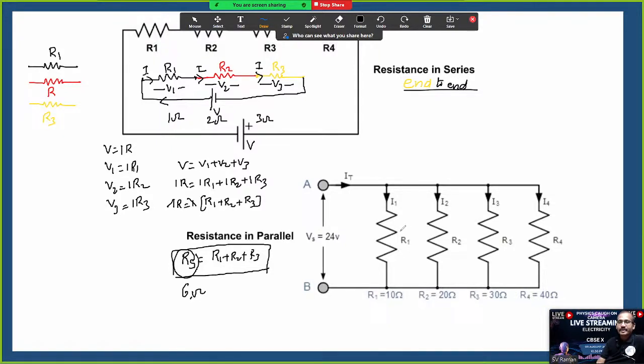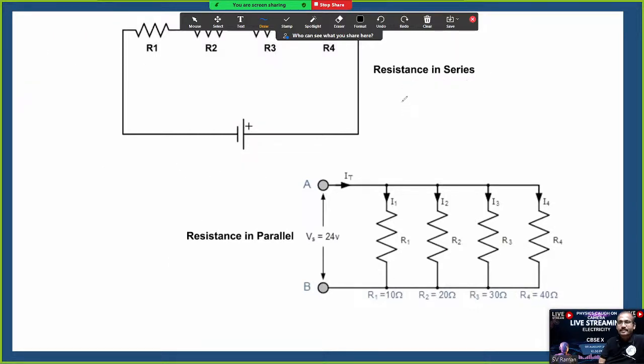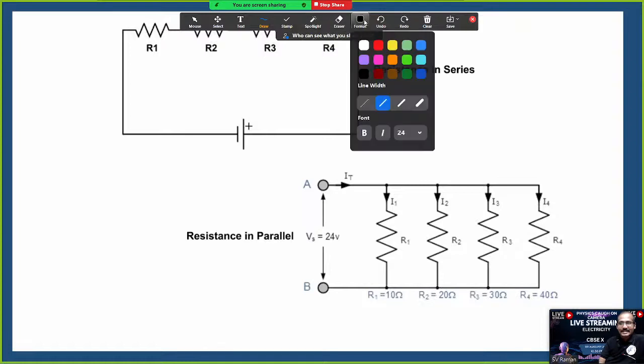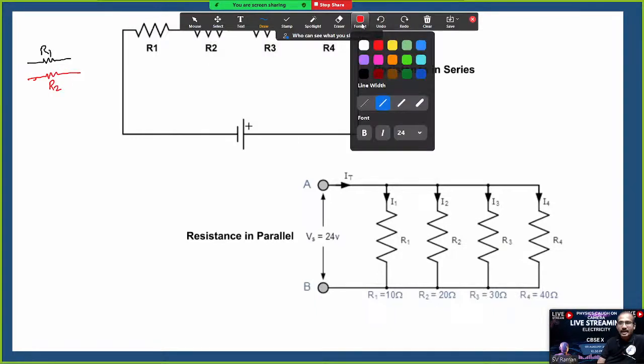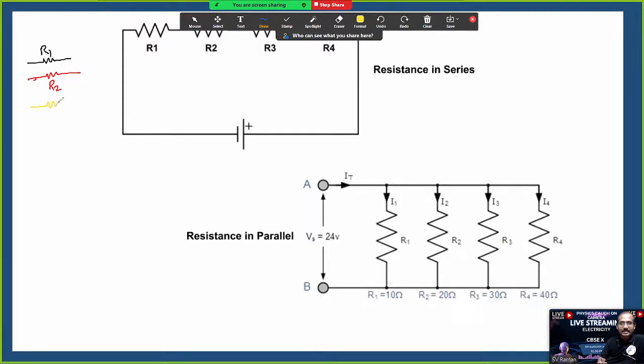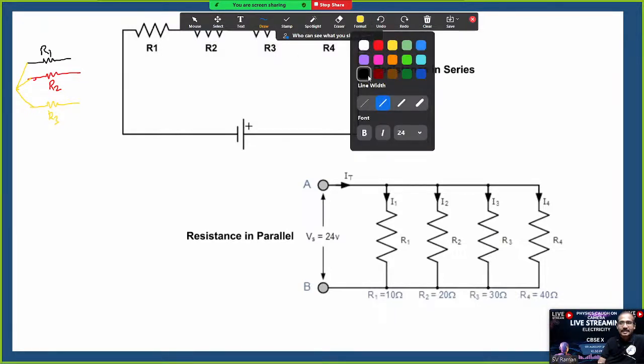Next, R1, R2, R3 resistors. Now let's say the three resistances R1, and one more resistor R2, and one more resistor R3. We will see how we connect them: all one ends at one terminal, all the other ends at the other terminal.